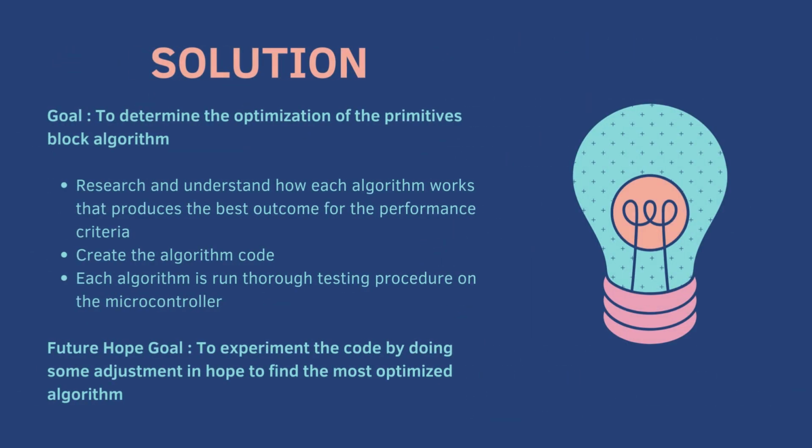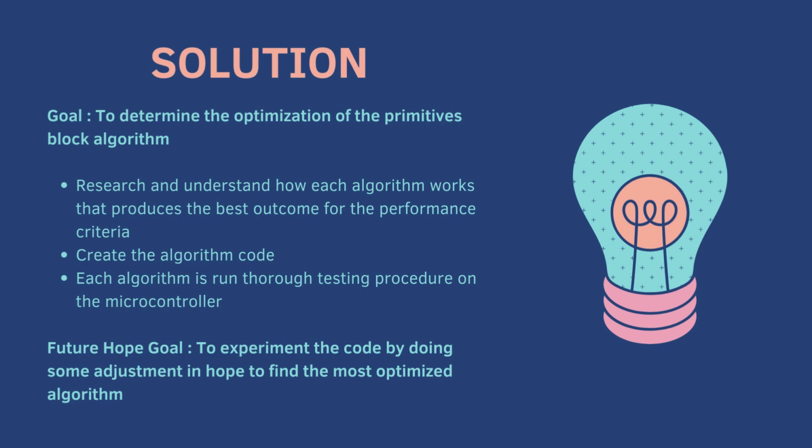Now, after understanding the problem background, what is the solution? So, the goal of this research is to determine the optimization of the primitive block algorithm, which means to determine the most effective algorithm to address the issue that has been discussed just now. So, the first step of the solution is to do the research and understand how each of the algorithms works that produce the best outcome for the performance criteria, which is the speed, area, and the RAM utilization.